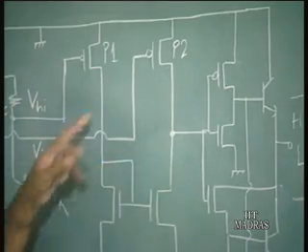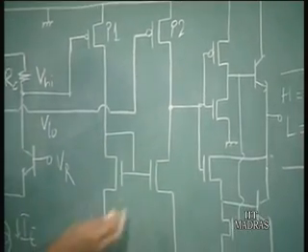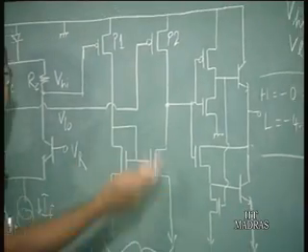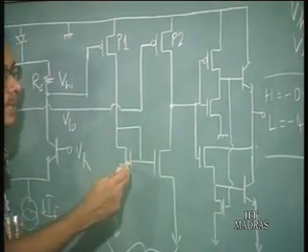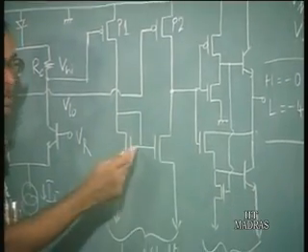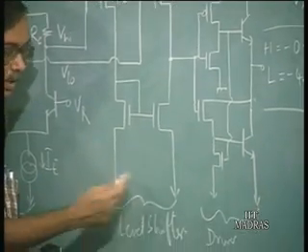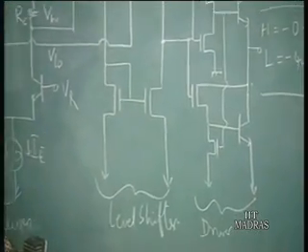Now, this circuit, if you look at it closely, consists of these two NMOS transistors in a current mirror type of configuration, because both gate voltages of these two transistors are the same, and the sources are also at the same potential.